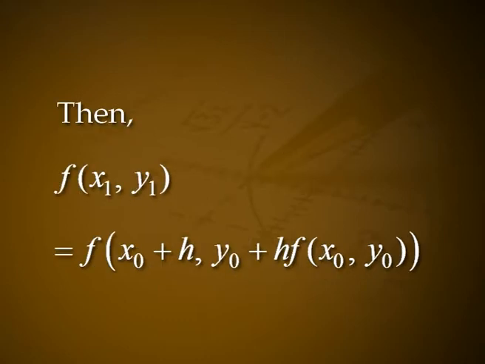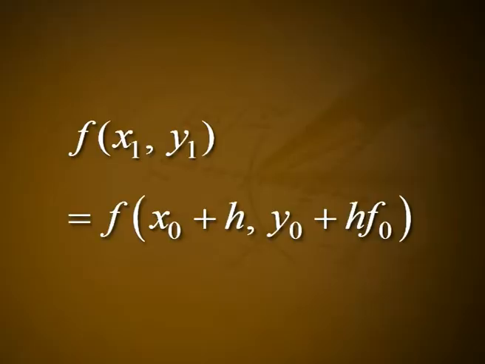Then f(x1, y1) equals f(x0 + h, y0 + h f0), and considering f0 equal to f(x0, y0), we have f(x1, y1) equal to f(x0 + h, y0 + h f0).